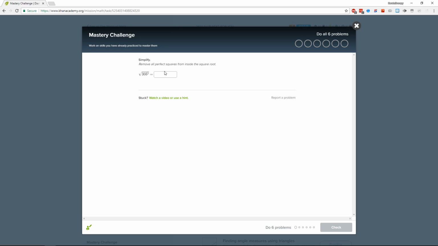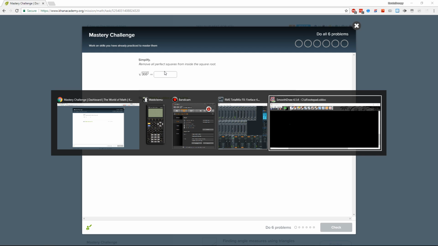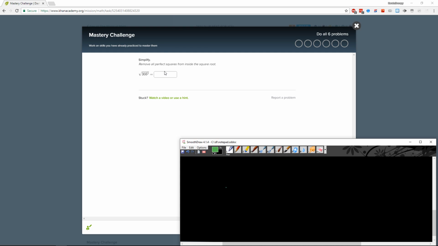Remove all perfect squares. So let's see. 3 times 2 times 5 times 5 is 30. And then b squared, b.